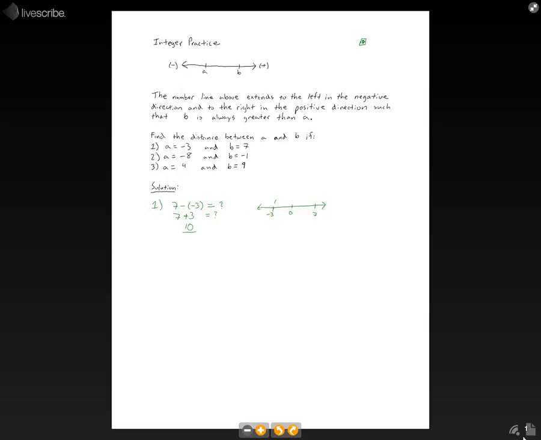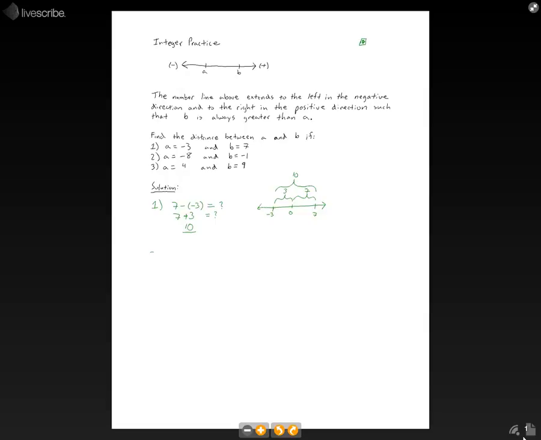When we find the distance, we're actually finding the distance from 0 to -3 and the distance from 0 to 7 and adding them together to get the total distance from -3 to 7. As you can see, the distance from 0 to 7 is 7, and the distance from 0 to -3 is 3. So the total distance is 10.